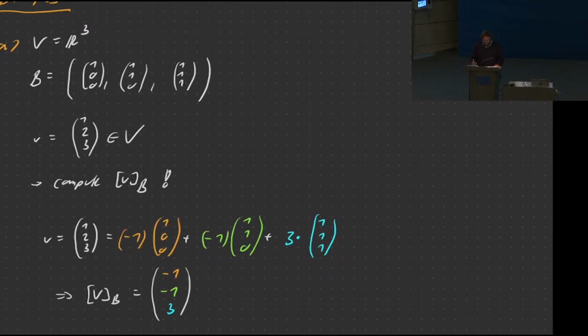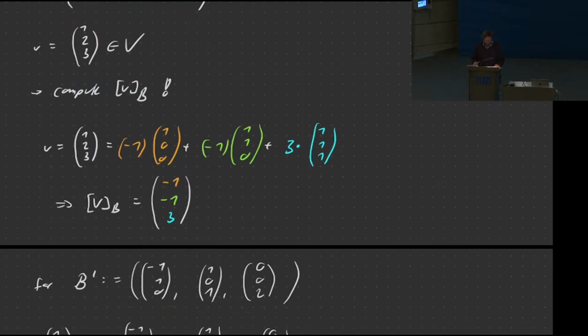A couple of quick examples. So say this here is a basis for the three-dimensional vector space R3. That's not the canonical basis. And say we have this point. So this is in canonical coordinates 1, 2, 3. And now I want the coordinates of that point with respect to this coordinate system here. What do I have to do?